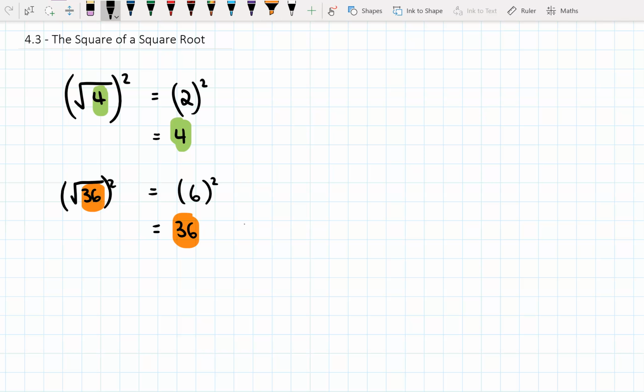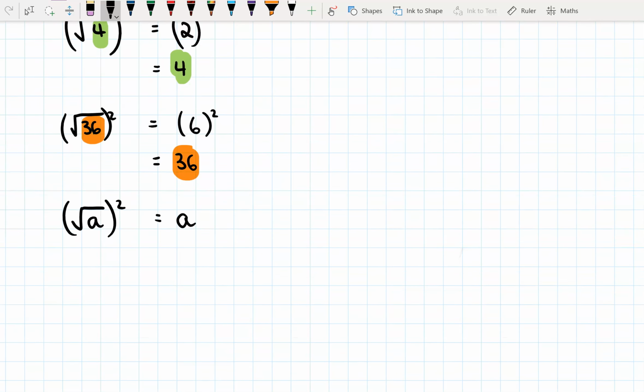So basically if we have the square root of a number and we square it, the answer is just whatever that number was. You don't need to go through all the steps, we can just write down the answer. That's really the main part of this lesson.